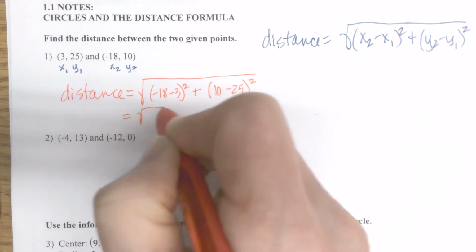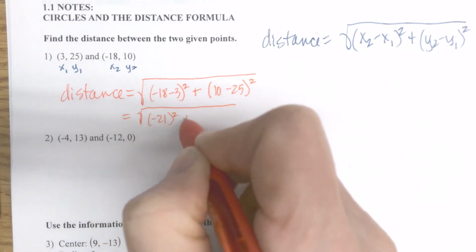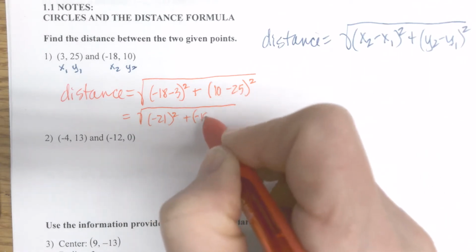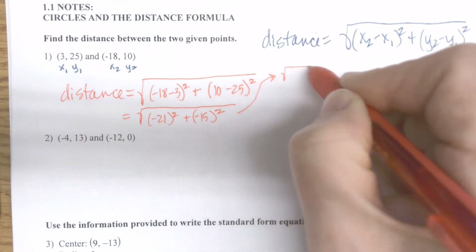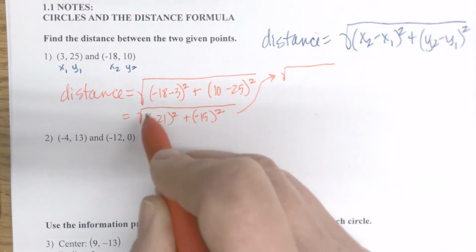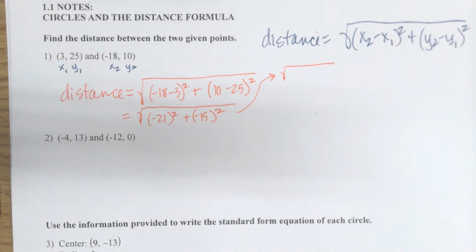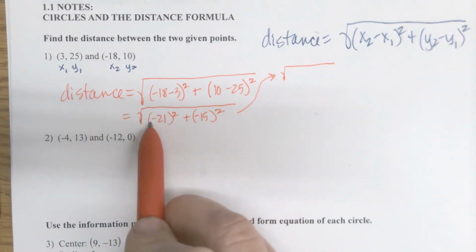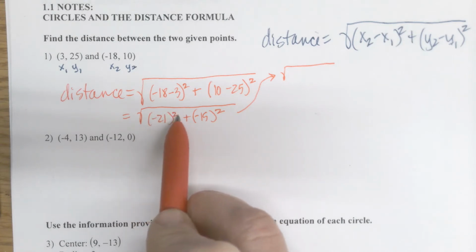When I do my simplifying, I will get negative 21 squared plus negative 15 squared. Plug this in your calculator or do it by hand, however you need to do it. Just keep in mind that if you do plug it in your calculator, please make sure that you put parentheses around the negative 21, and the square will go on the outside.